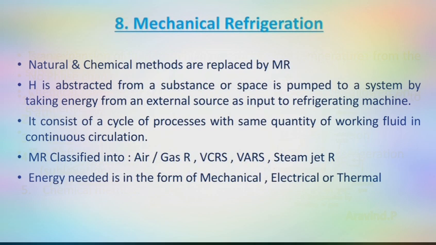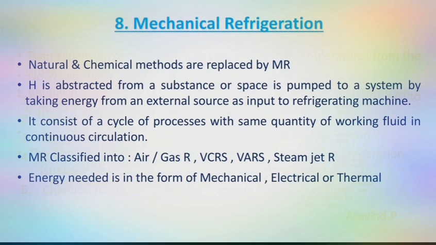With the development of high speed electric motors driving the compressor, ether was replaced by new working substances. The mechanical refrigeration systems are classified mainly into air or gas refrigeration, the vapor compression system, the vapor absorption system, and steam jet refrigeration.